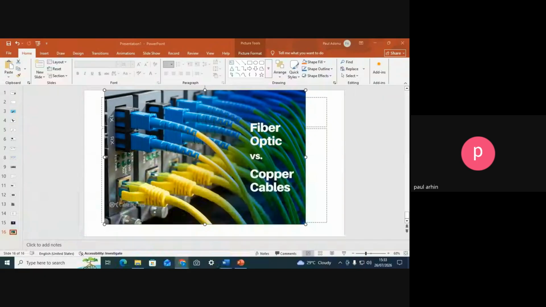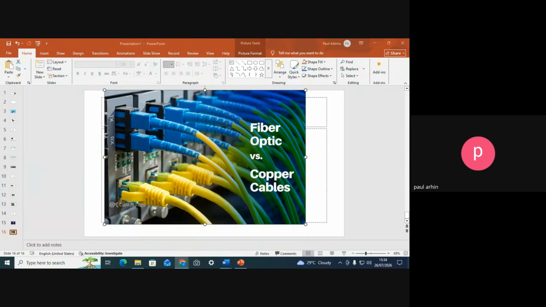Then we have the RJ45 connected to the twisted pairs that will also distribute the network, the internet, to the other machines. But that's the nature of the cables. So the fiber optics, the coaxial cable, and then the twisted pair. These are the ones which are used for networking.